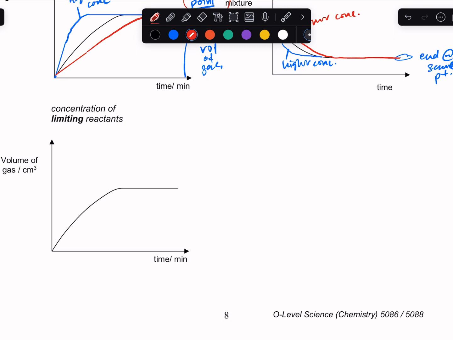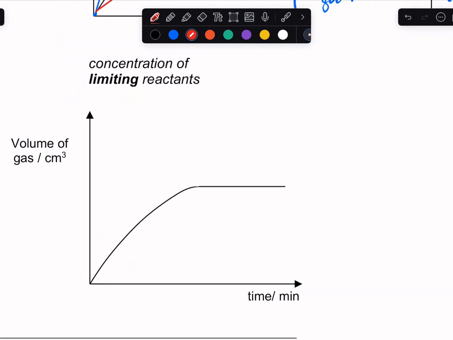The more interesting question is here, where we increase the concentration of my limiting reagent. Okay, so again, three things. If I were to increase the concentration of my limiting reagent, first, concentration increases, right? So rate of reaction increases, my graph will be steeper.